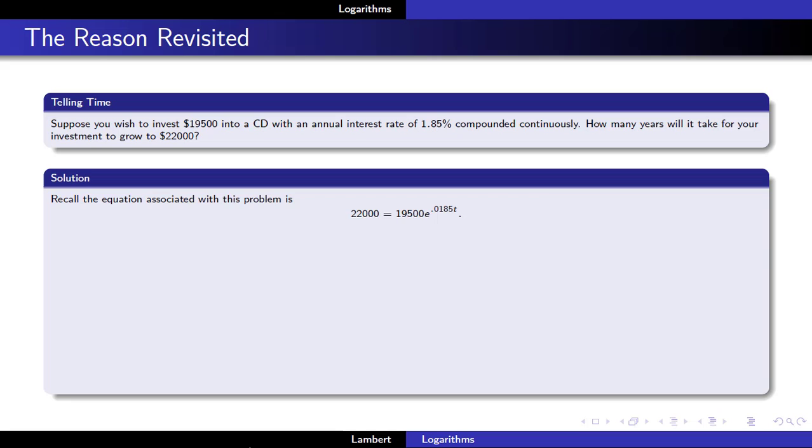Moving forward, how do we actually tackle this if we're looking for time? Well, first thing we'll do is actually divide both sides by that 19,500. And so notice we now have this written in the form that we can use our definition of logarithms, right? We can write this as a log base e of 22,500 over 19,500, and that should equal whatever's up in the exponent, so the 0.0185t.